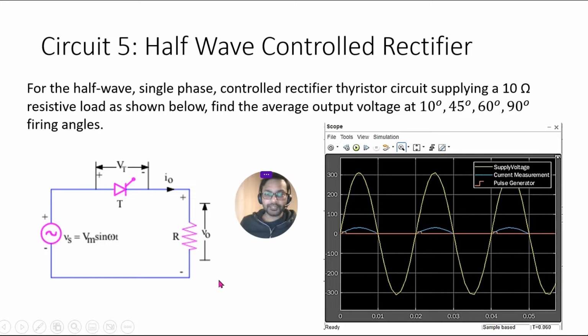We have to measure the output voltage and also observe the waveform, right? What effect this firing angle has on the waveform. Okay, so let us now go on to Simulink and try to implement this circuit.